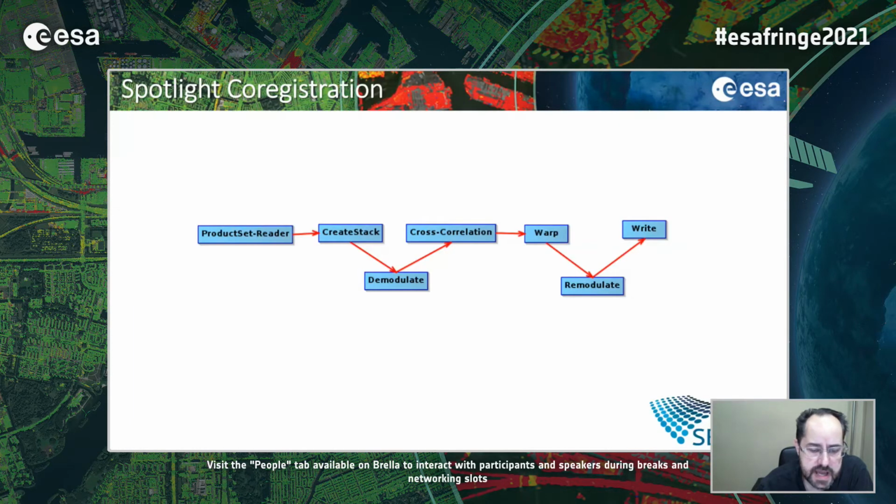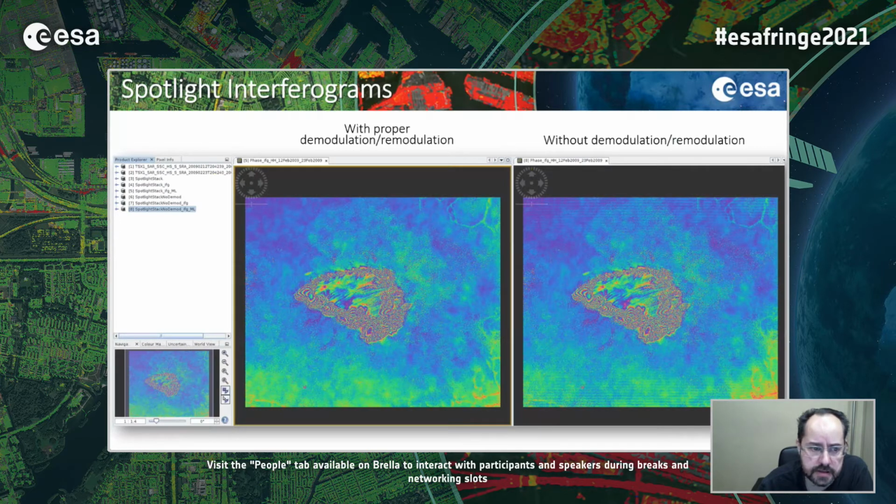And we've also added tools for the Spotlight co-registration. So this adds in the demodulate and remodulate in the co-registration. And this removes some of the artifacts from the interferogram.